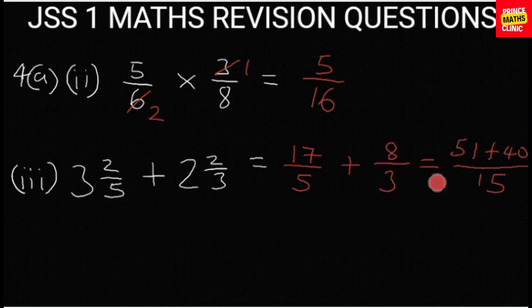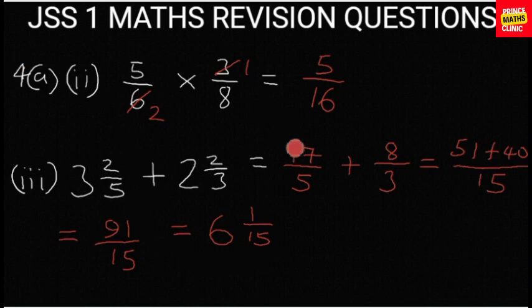And 51 plus 40 is 91. Everything over 15. Then how many times can 15 go in 91? It can go 6 times and having a remainder of 1 over what? 15. So let's look at the last question in number 4, which is 4b.